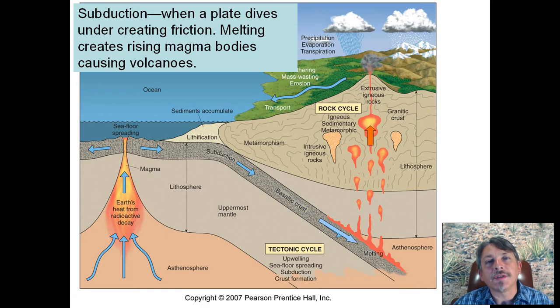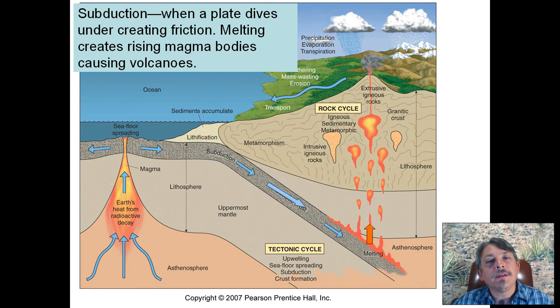On the west coast of the United States, running all the way up through Canada, is a zone called a subduction zone. Subduction is when a plate, in this case the Pacific plate, is diving in and rubbing up under the North American plate, which is riding on top of it. Now, of course, this subduction is occurring offshore, but nevertheless demonstrates its presence by miles in the interior, the eruption of volcanoes.